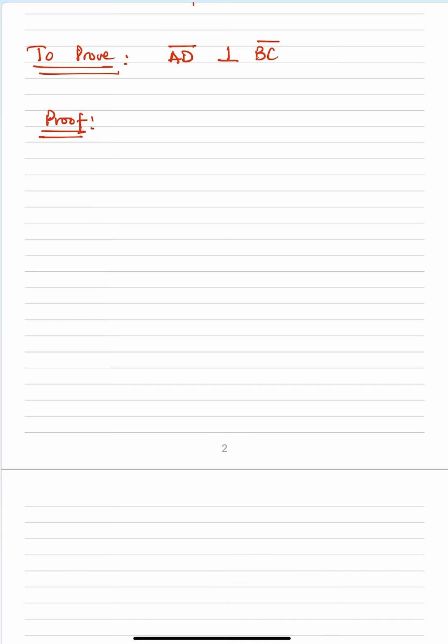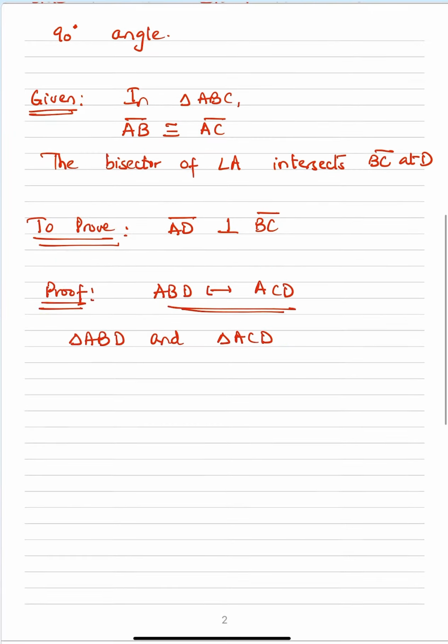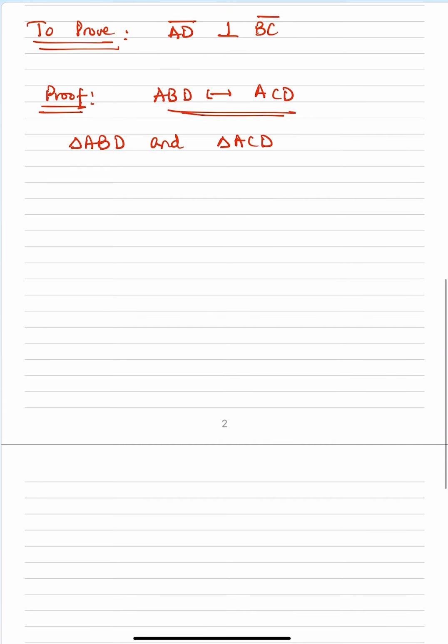See, now if I want to show that the correspondence of triangle ABD and ACD is a congruence, then what will I do? First I will take triangle ABD and triangle ACD. Let me draw triangle ABD here.